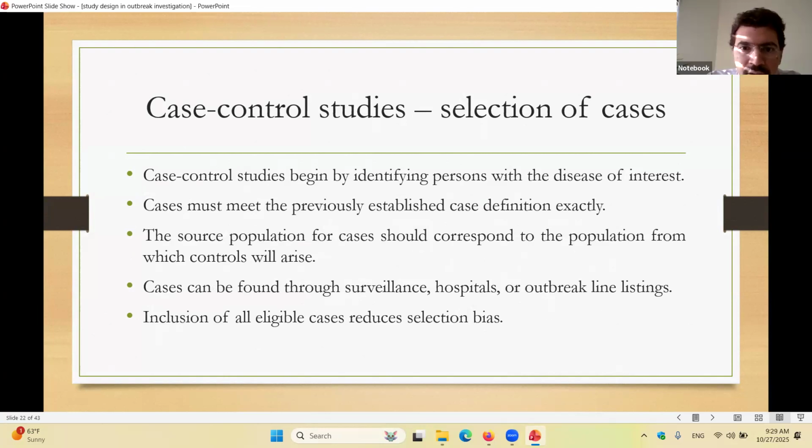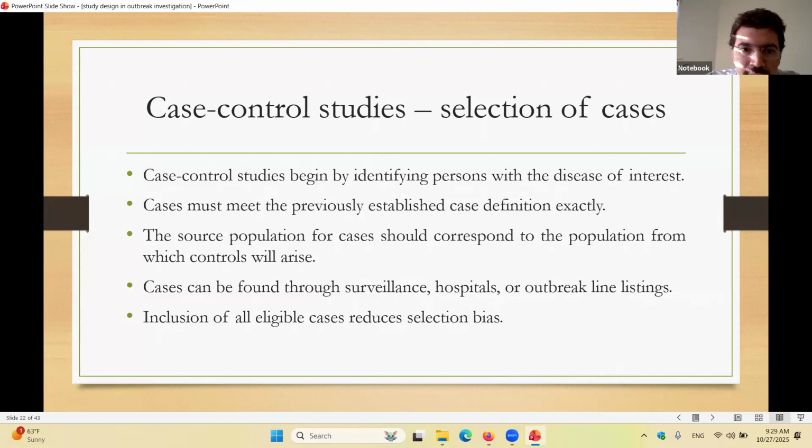The first subcategory of my presentation regarding case control studies is selection of cases. Case control studies begin by identifying persons with the disease of interest.